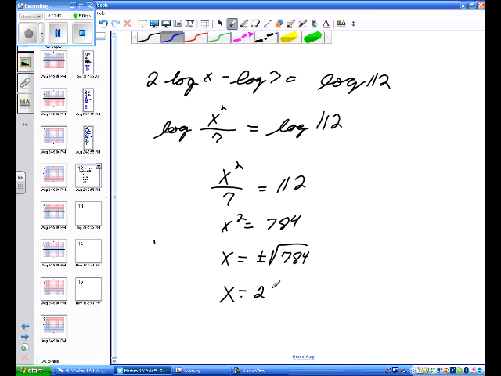And again, it can only be the positive. We can't take the square root of a negative number.